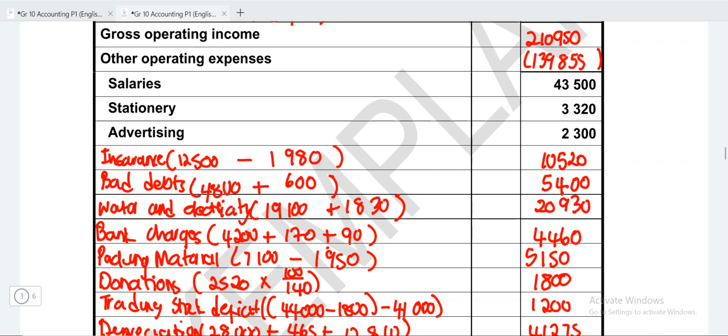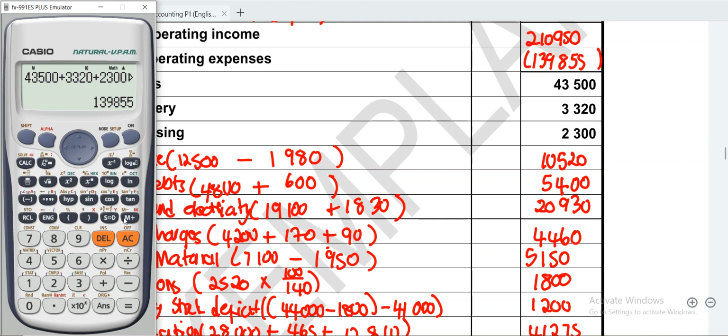We can just confirm our calculations because here we were adding a lot of things. So let's see, 43,500 plus 3,320 plus 2,300 and then plus 10,520 plus 5,400 plus 20,930 plus 4,460 plus 5,150 plus 1,800 and then plus 1,200 and then plus 41,275.